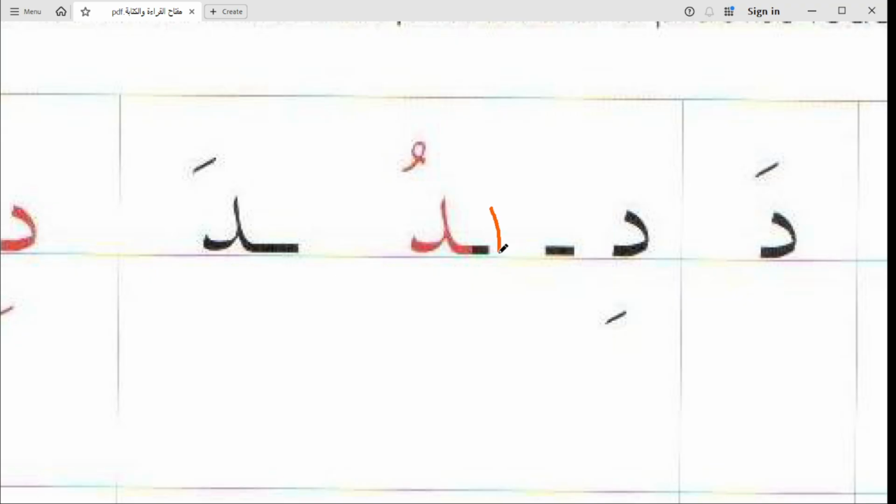I can put, for example, Ba, Ta, Jeem, or Ha. Alright. So we never connect Daal like this from here because such a connection does not exist.